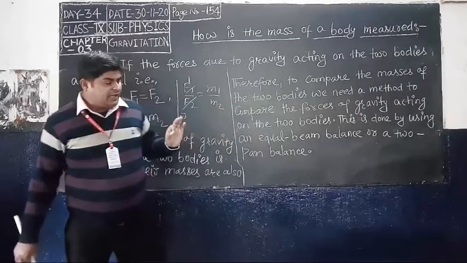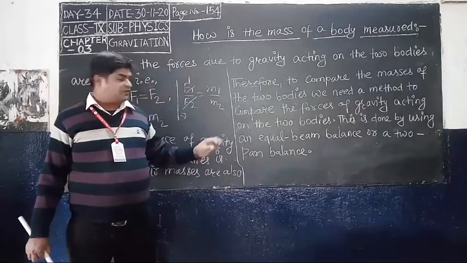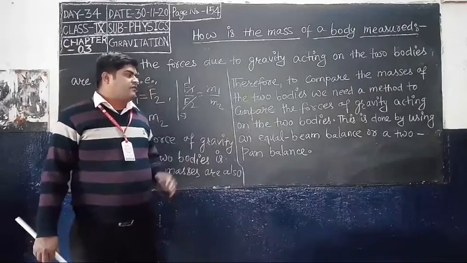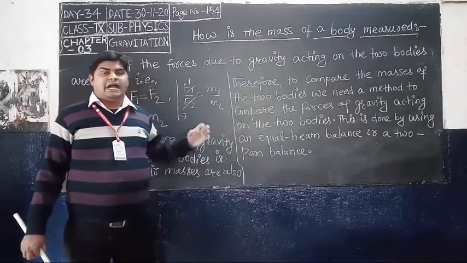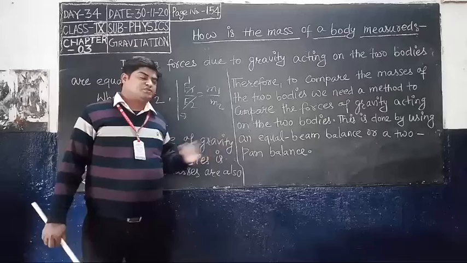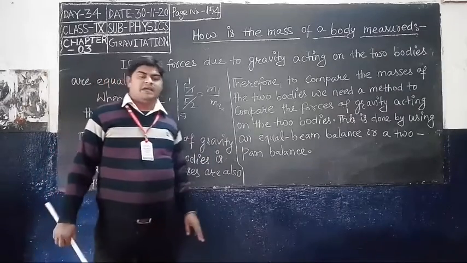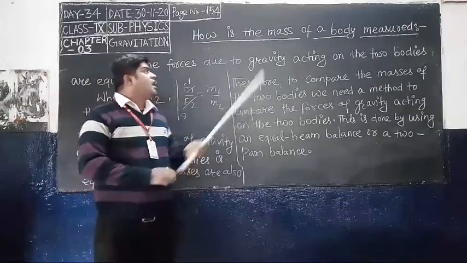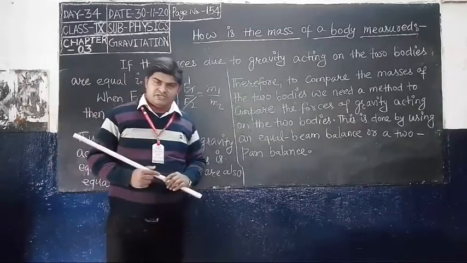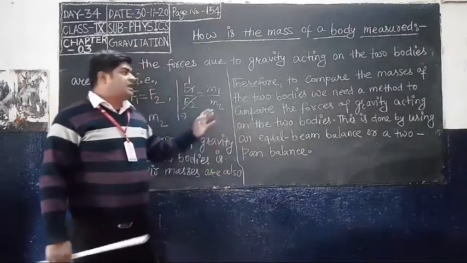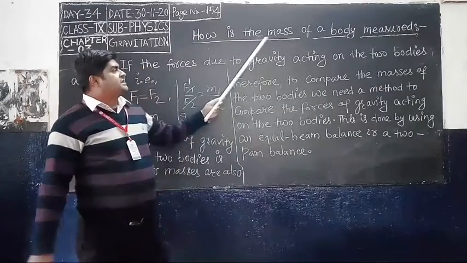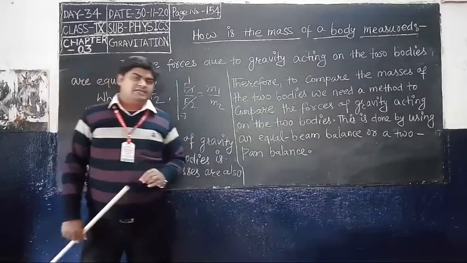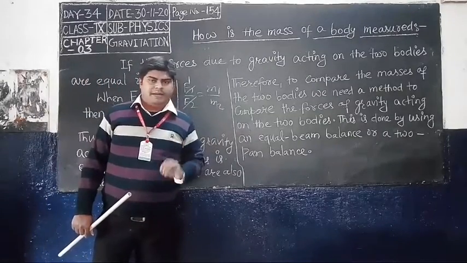Today I have discussed how the mass of a body is measured, and the conclusion is that the mass of a body can be measured by a beam balance or pan balance.